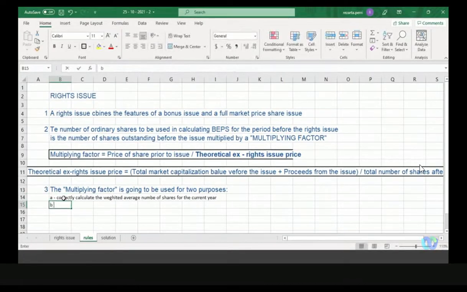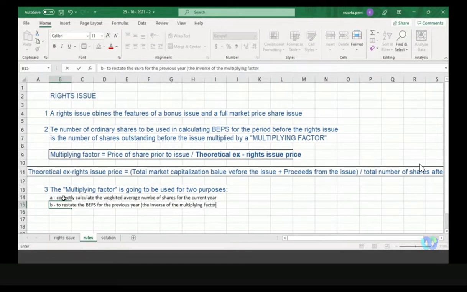The second purpose why we need the multiplying factor is to restate the basic earnings per share for the previous year. Actually, the inverse of the multiplying factor will be used to restate the basic earnings per share for the previous year.